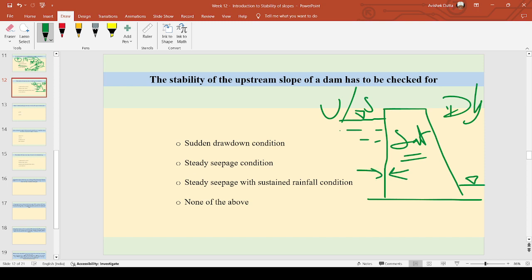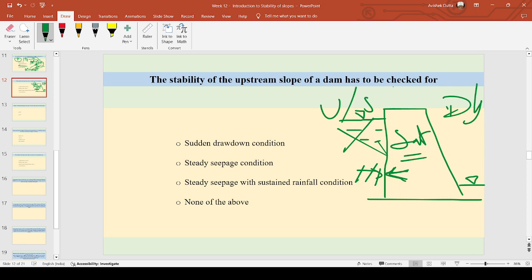Now when there is a sudden drawdown, like there is no water over here, then there will be no force from the left hand side. There will be only force from the right hand side, or force from the saturated zone in the upstream slope. That will be critical for the stability of the dam.